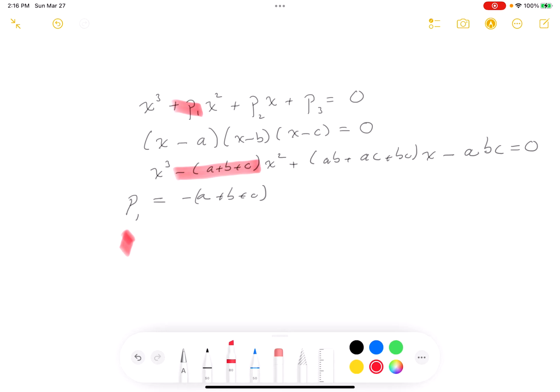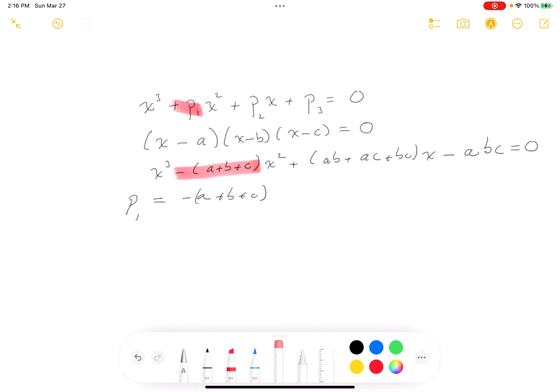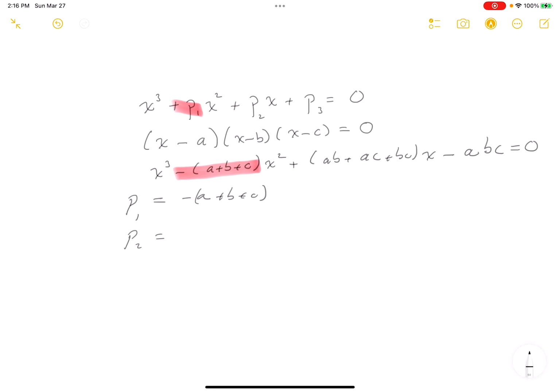P2 is going to equal AB plus AC plus BC. All right, let's keep going.